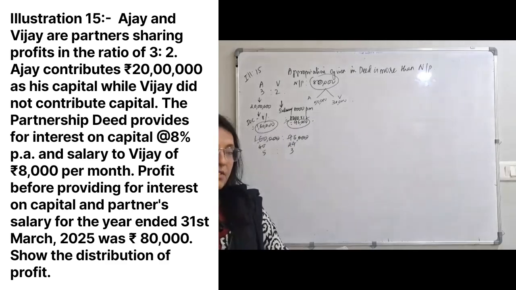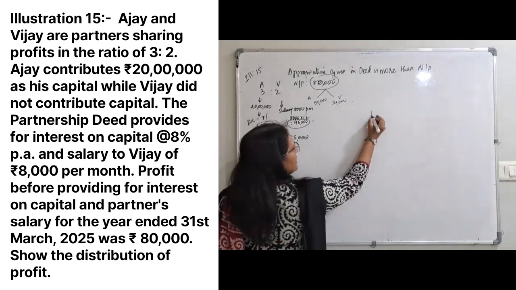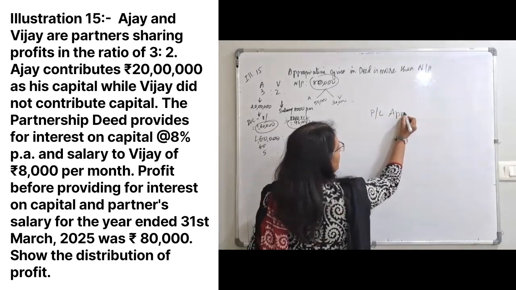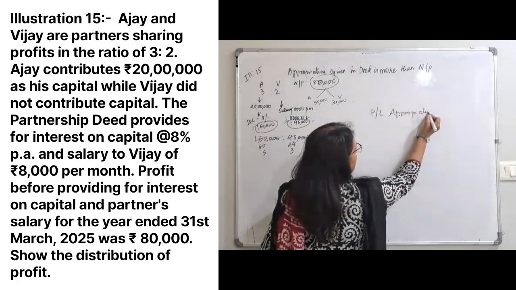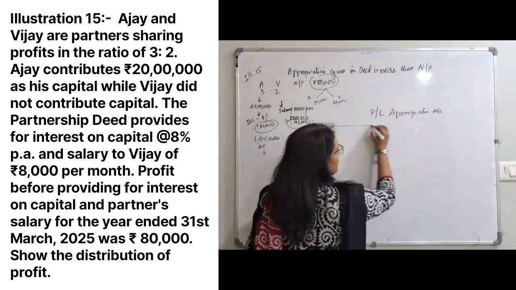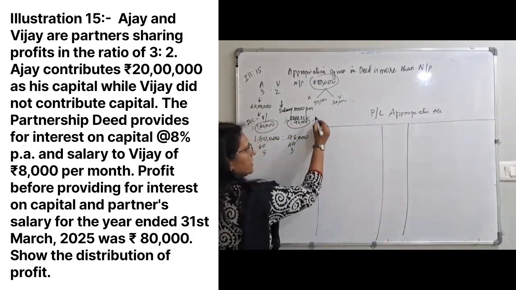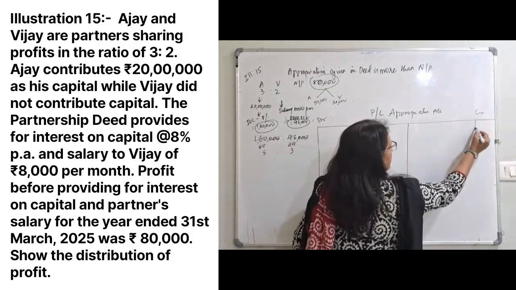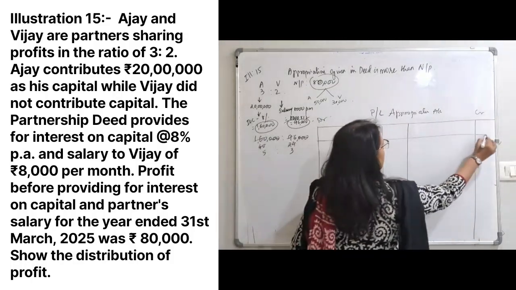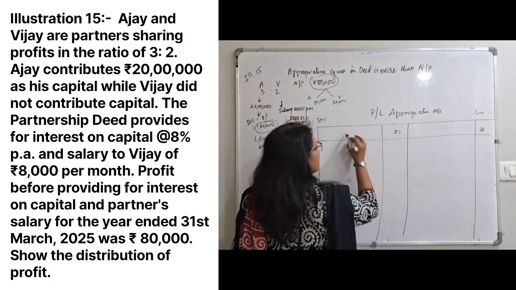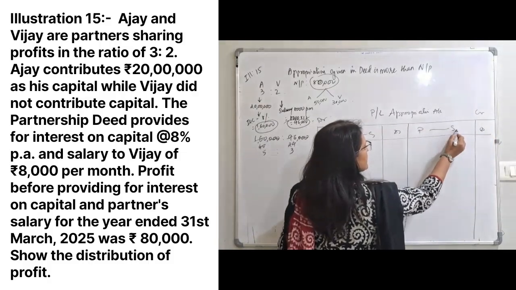How will we show it in the profit and loss appropriation account? This is a profit and loss appropriation account. Debit and credit. Rupees and particulars. First is the net profit.